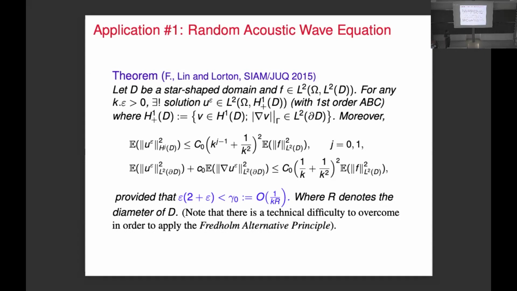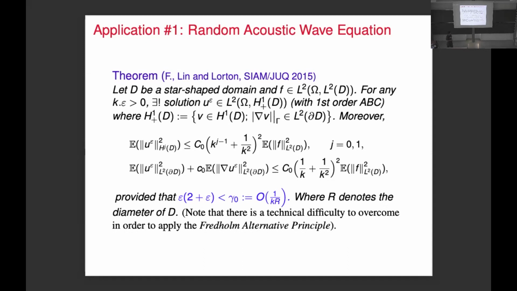This looks pessimistic, but the constant gamma 0 depends on 1 over k, the wavelength, and is also proportional to 1 over r, where r is the diameter of D. In real computation, r is related to the wavelength, usually like 20 wavelengths. So therefore, in practice this is really a pure constant.